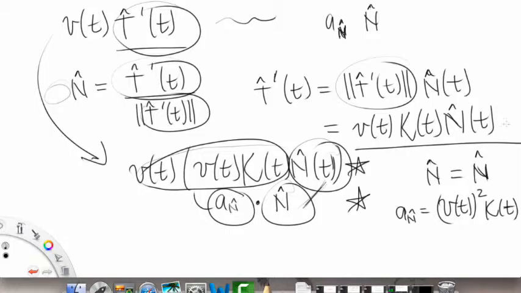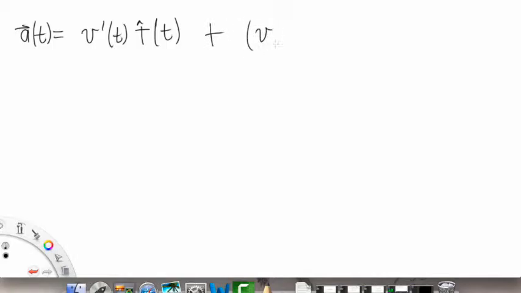Okay? So altogether, let's write what we found out. We have that our acceleration vector can be broken down into v prime of t times T hat, okay? And then plus v of t squared times the curvature times the unit normal, okay?